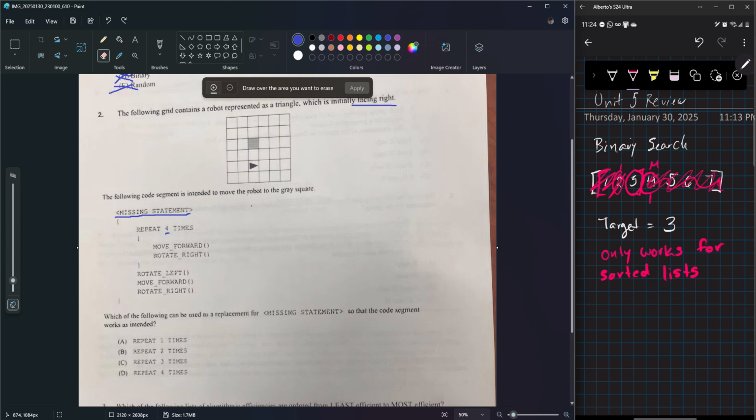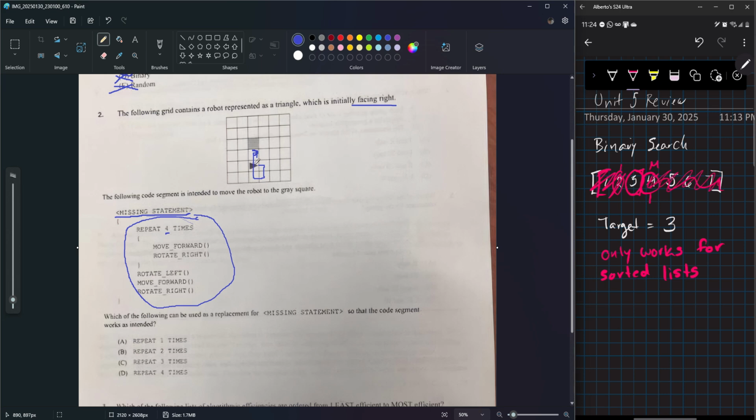So all this code, this whole block of code, what it did was it made it move this way, then this way, then this way, then up this way, and then it stayed pointing this way, like that.